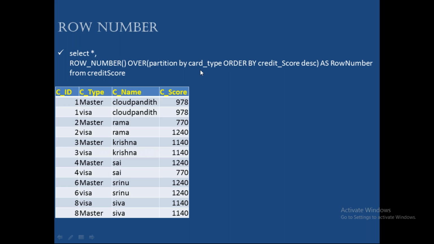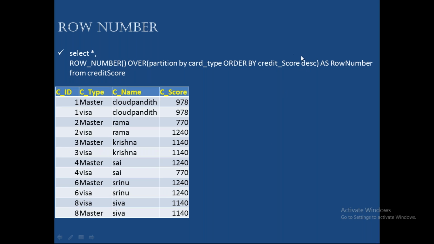First it has to group based on the master cards and the visa cards. Once it has done that, next I need to focus on the credit score in descending order. In which order do I want to display the group of records?